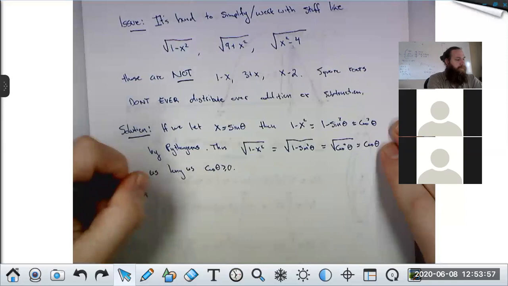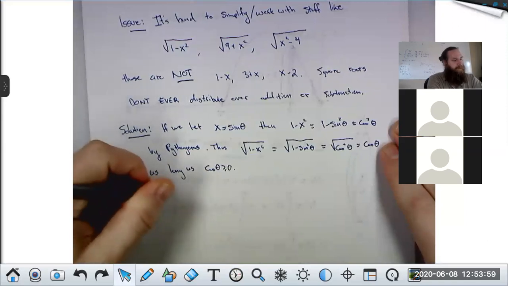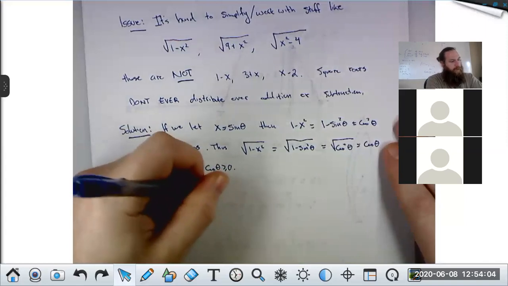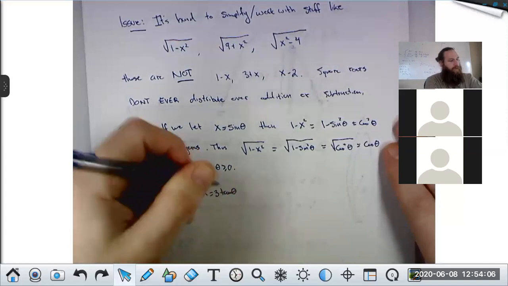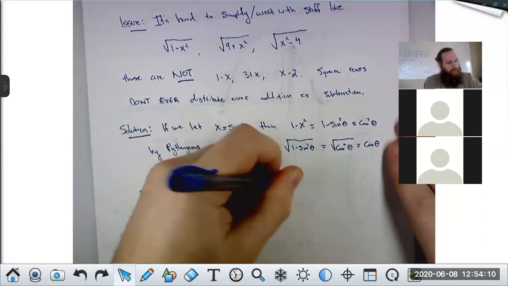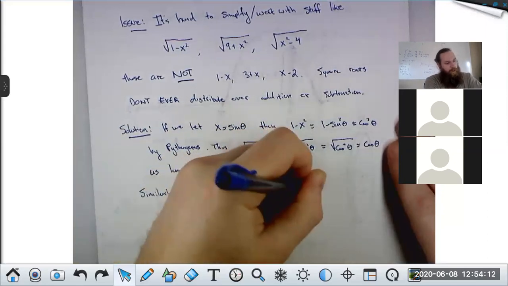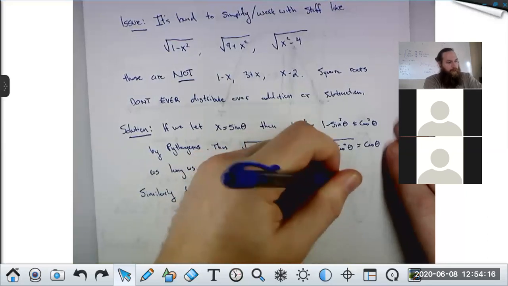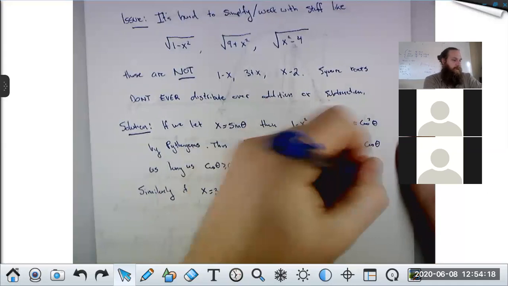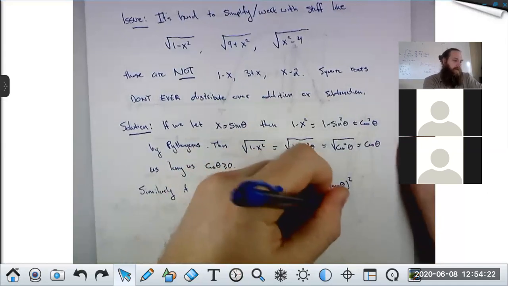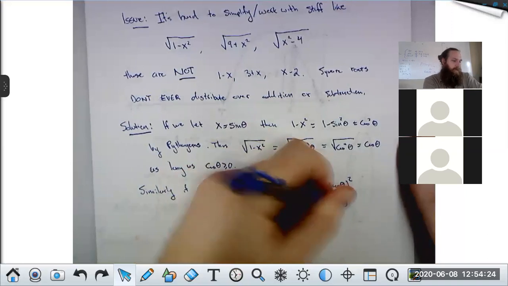Similarly, if x is 3 times the tangent of theta, then 9 plus x squared would be 9 plus 3 tan theta all squared, which is 9 plus 9 tan squared theta.